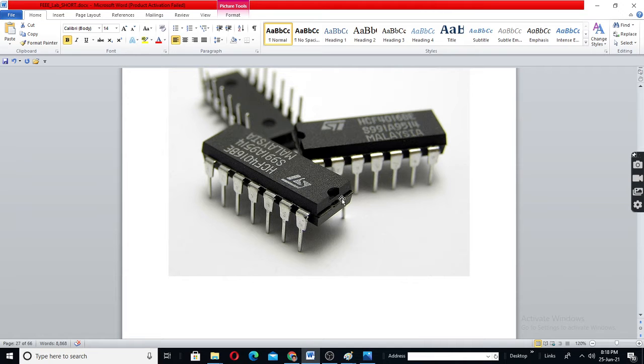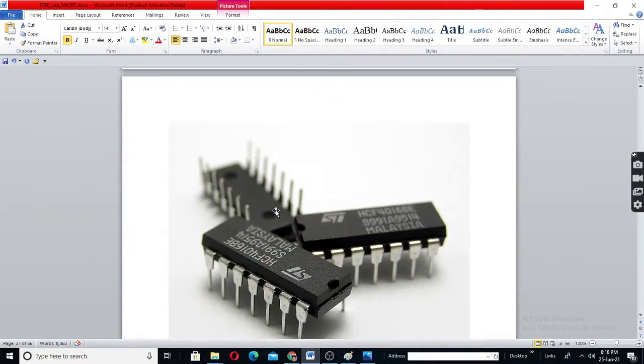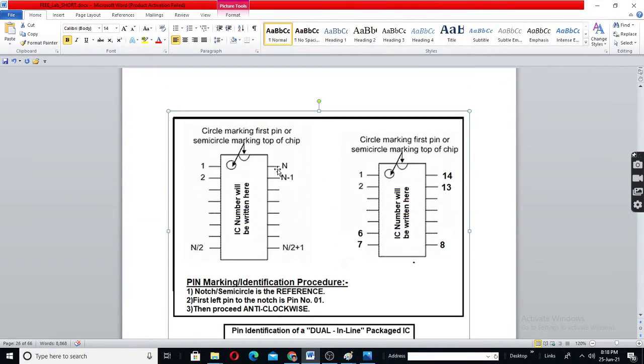Here you can see a notch in the form of a semicircle. That is the reference. See, this semicircle or notch is the reference.